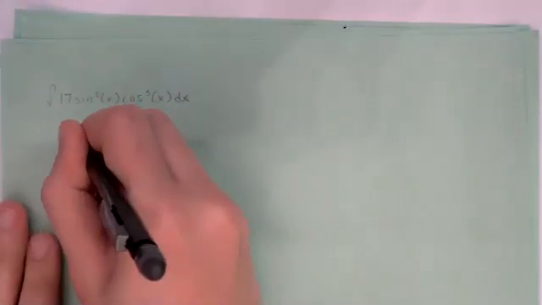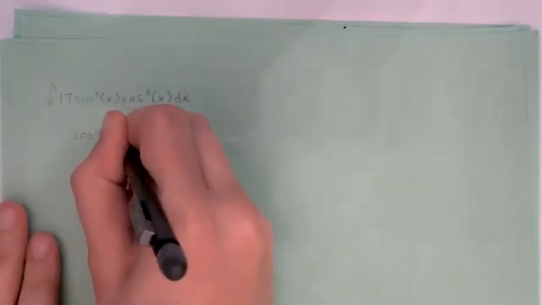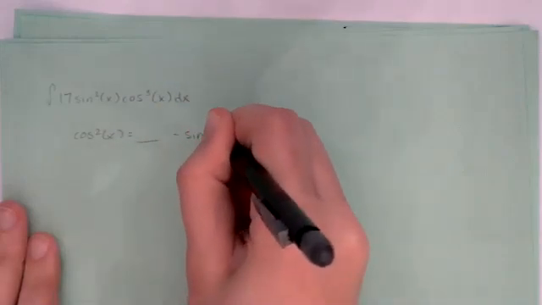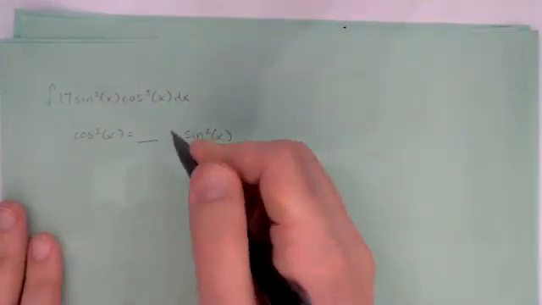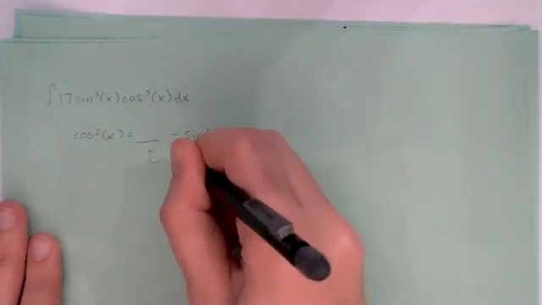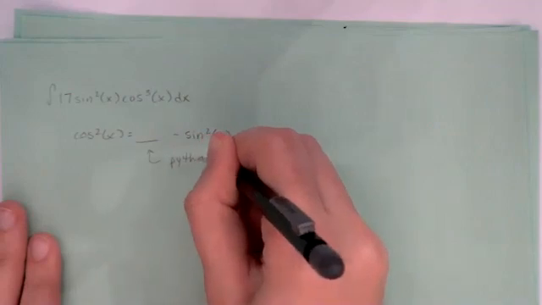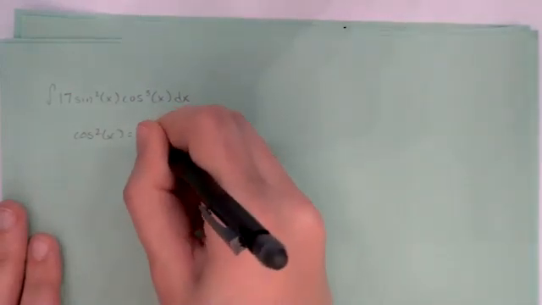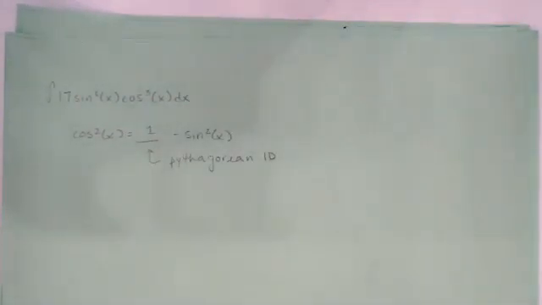So the first one is saying cosine squared of x is equal to blank minus sine squared of x. If it's just a blank like this, that's just going to be part of your Pythagorean identity. So in this case, it's just going to be a 1. Not too bad.